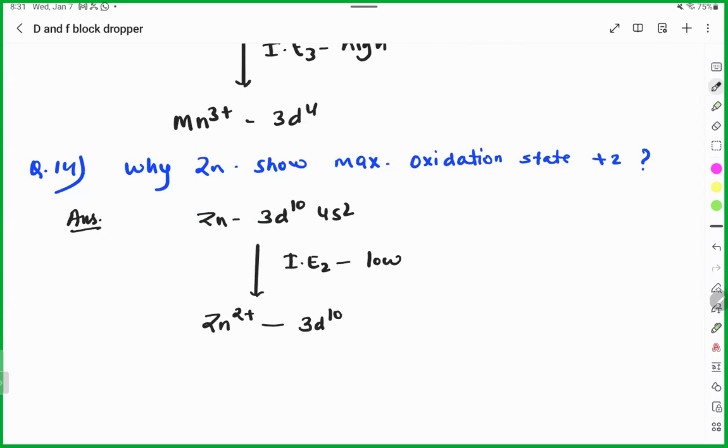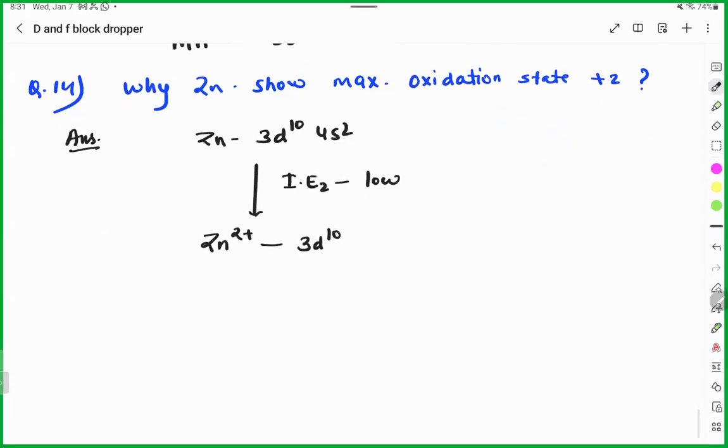So you remove electron from the s subshell. But if you try to remove a third electron from the zinc, it is extremely difficult. Why? If you take zinc 3 positive, it will be 3d9 and it is highly unstable. So if you want to make somebody from stable to unstable, you need very, very, very high energy.